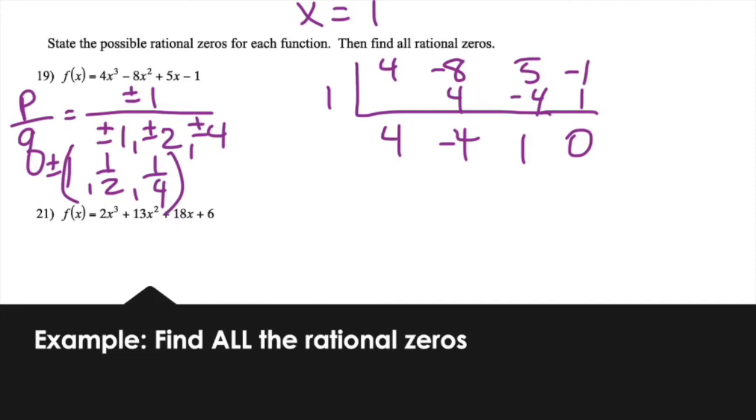We now have a quadratic. 4x squared, we got that from here, minus 4x plus 1. We now can do the box method on this one to find the other zeros. Or we could do synthetic division again.